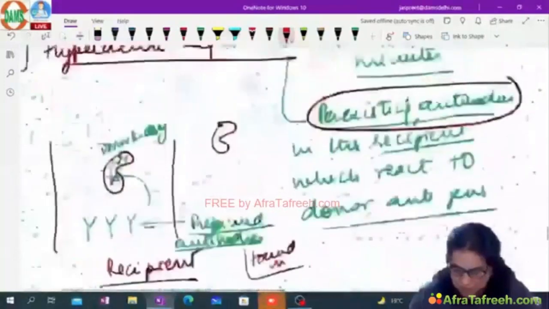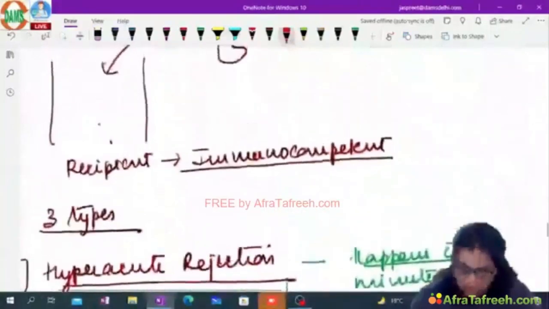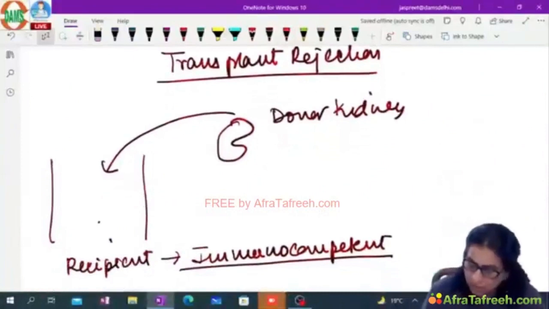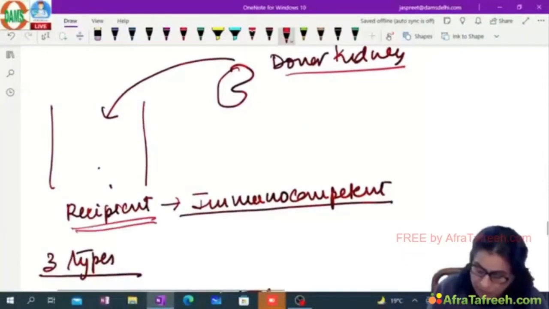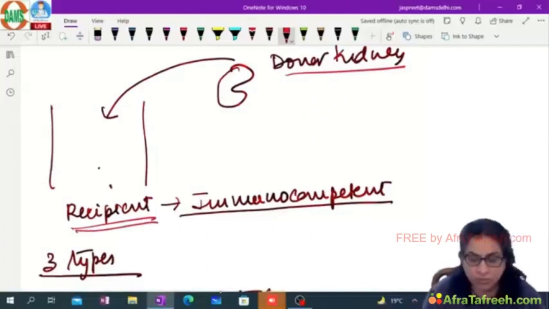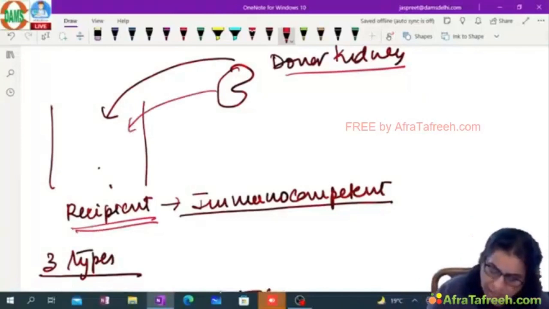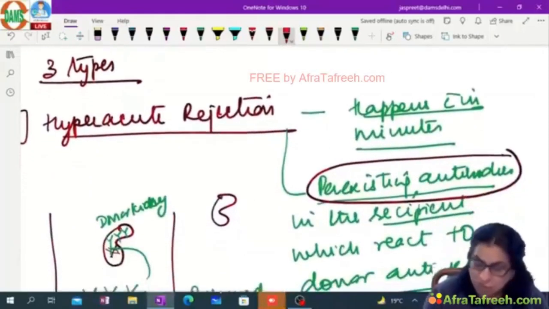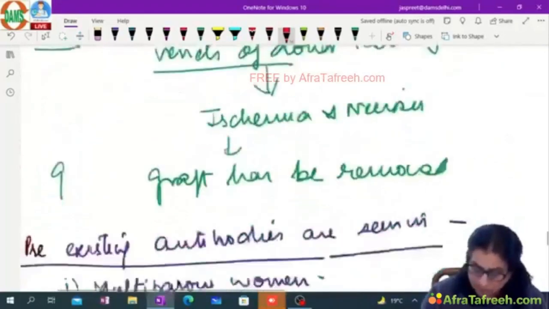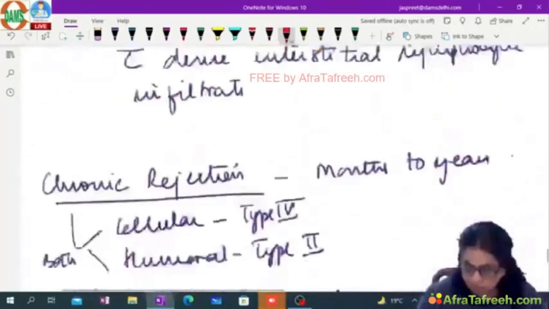In transplant rejection, I told you somebody needs a kidney, you want to give a kidney. The recipient is immunocompetent, his immune system is perfect, his B cells, T cells, everybody are perfect. If his B cells and T cells like the kidney, they keep it. If they don't like it, they reject it immediately. Hyperacute rejection, which is due to pre-existing antibodies, acute rejection or chronic rejection.